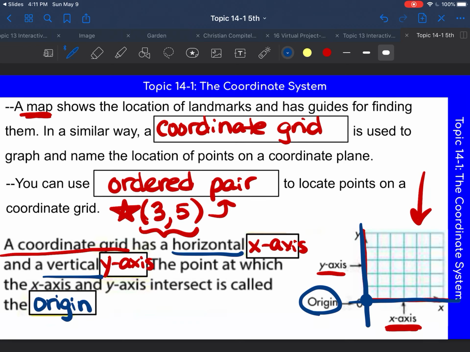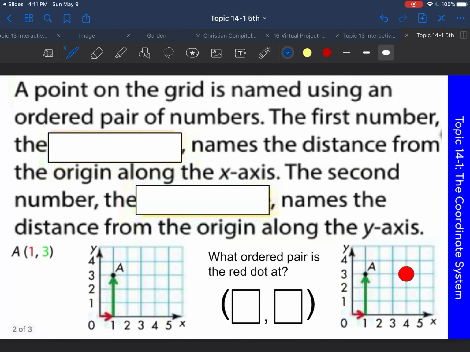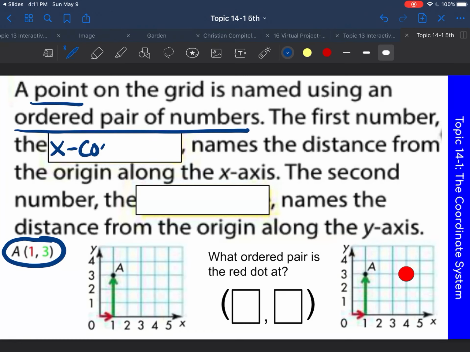Now on this coordinate grid, we have a bunch of ordered pairs, and I'm going to tell you next how to identify certain ordered pairs. A point on the grid is named using an ordered pair of numbers. Again, you usually see them written with parentheses, the numbers, and a comma in between. The first number, which is the x coordinate, names the distance from the origin along the x-axis.